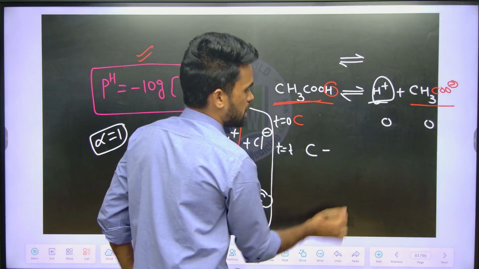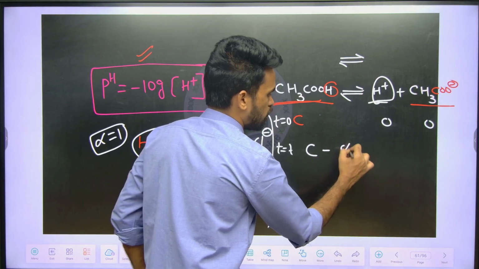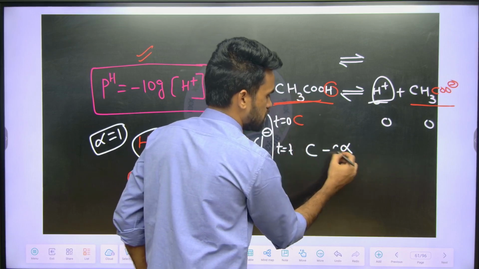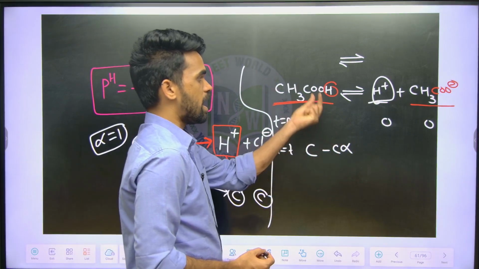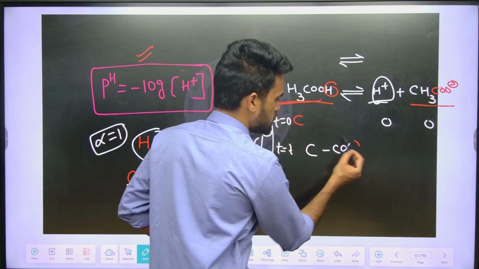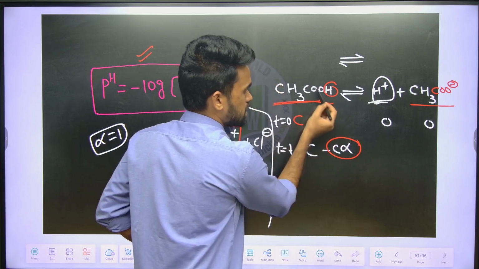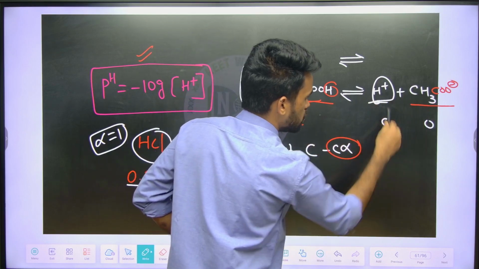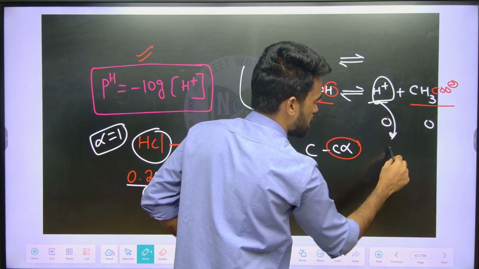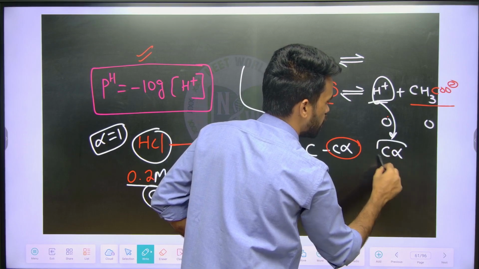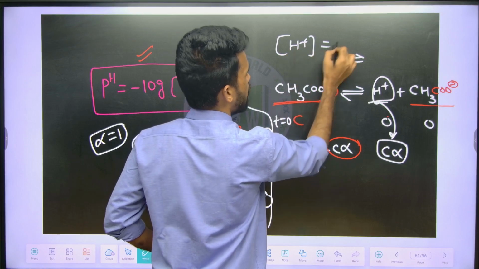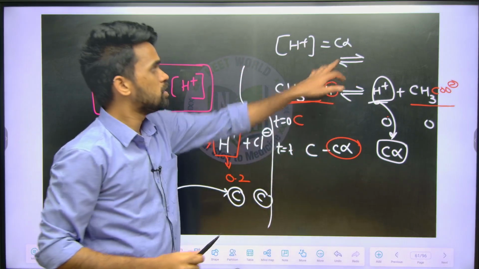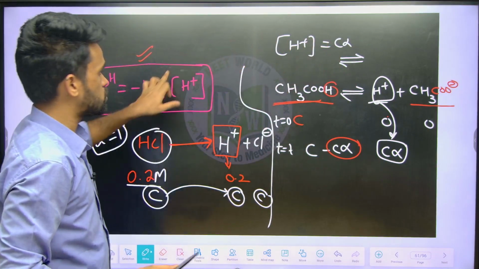The dissociated amount should be written as alpha, so C minus C alpha indicates the amount of acid remaining, and C alpha is the amount of acid converted into its ions. So what is the concentration of H plus ion we have? C alpha. Okay, this value you need to substitute over here.